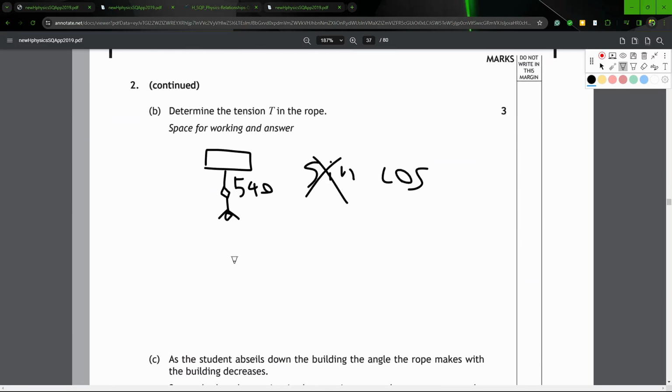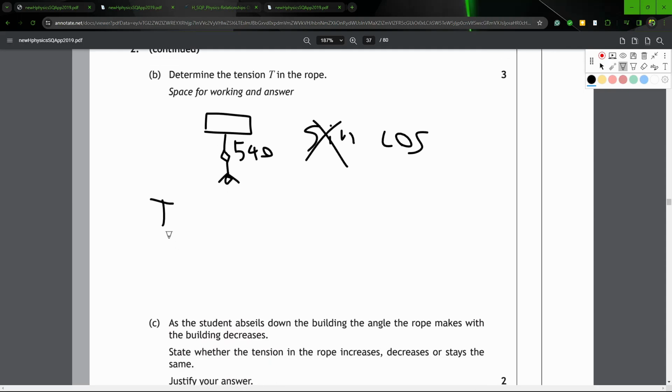So if we're going to be using cos, we can say, well, the tension in the rope is total force, yeah, tension down is what we want. Tension times cos theta equals weight. Theta is the angle. This is what we have. This is what we want to get. So 540. Well, 539. We'll put 539 just to be really accurate.